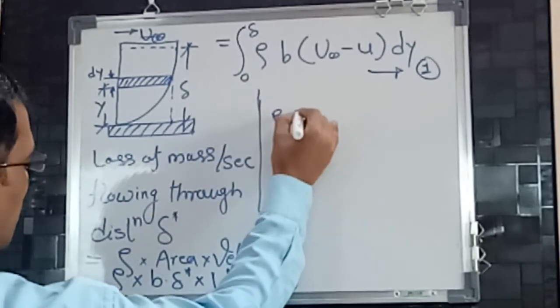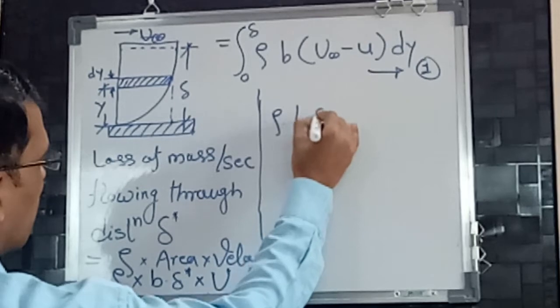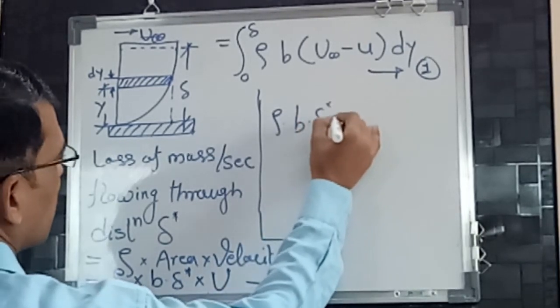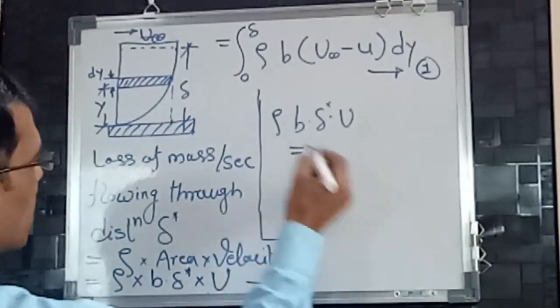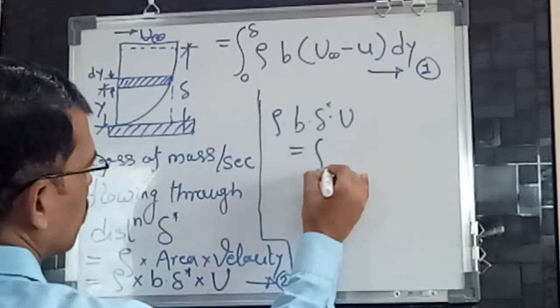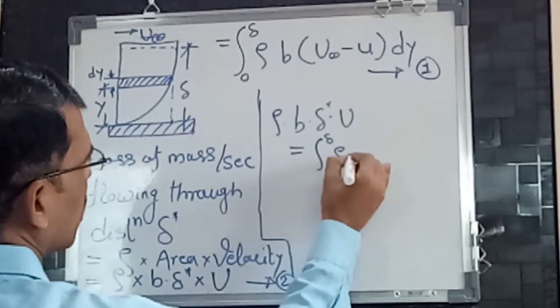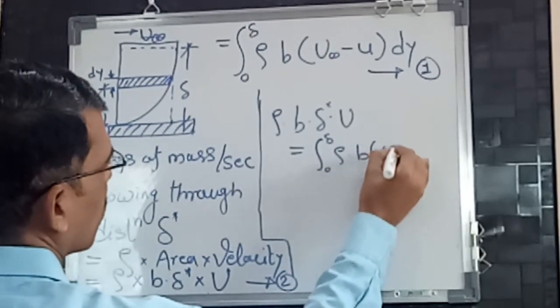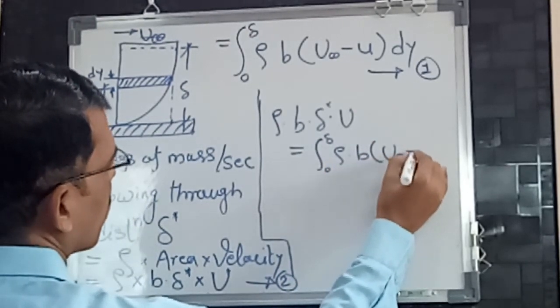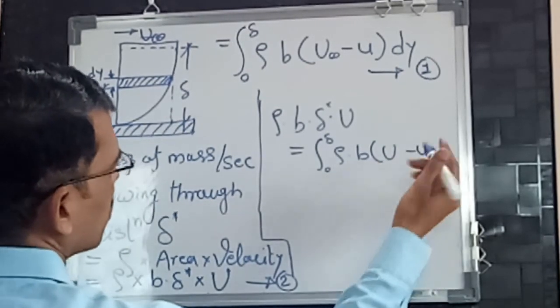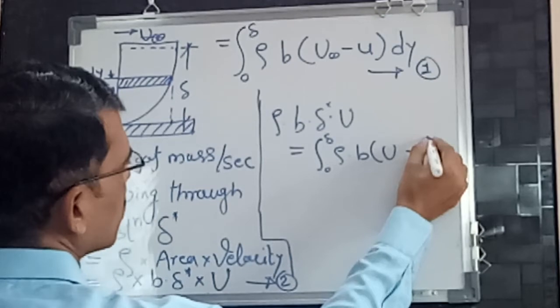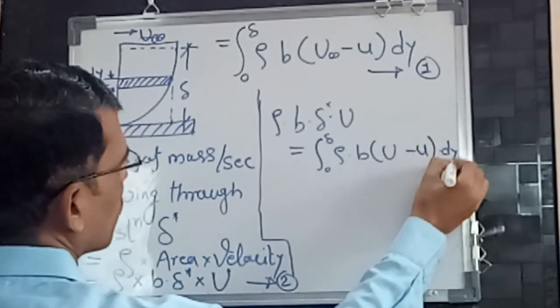So rho into b into del star into u equals that part, integration 0 to delta, where we assume free stream velocity, into du.